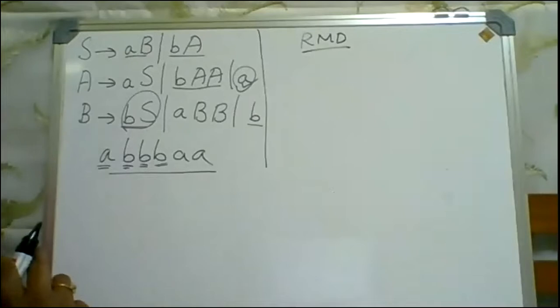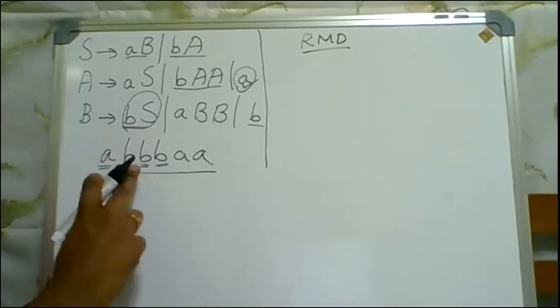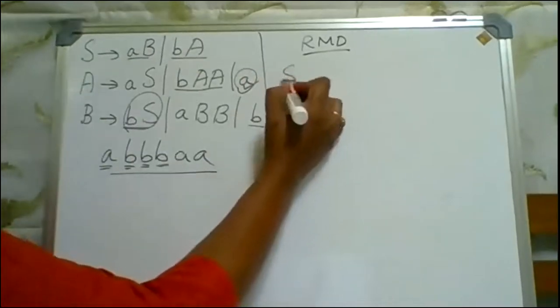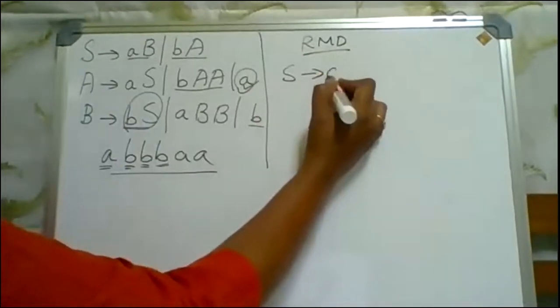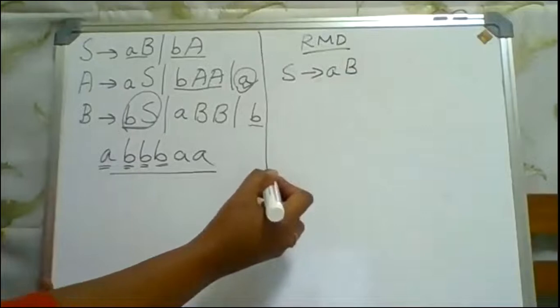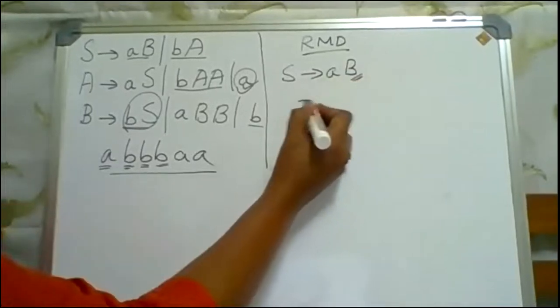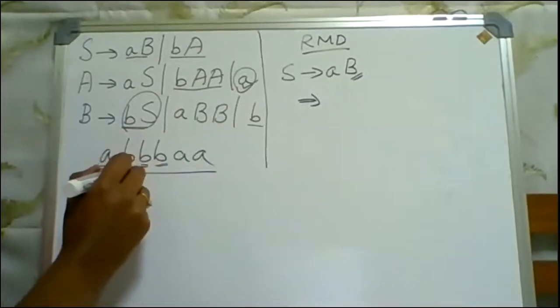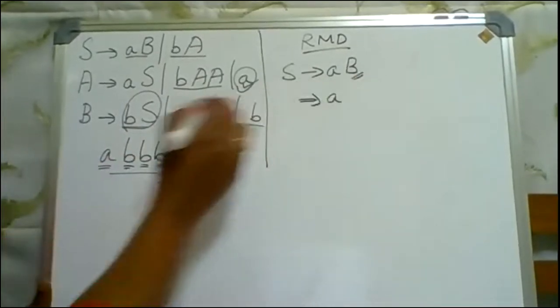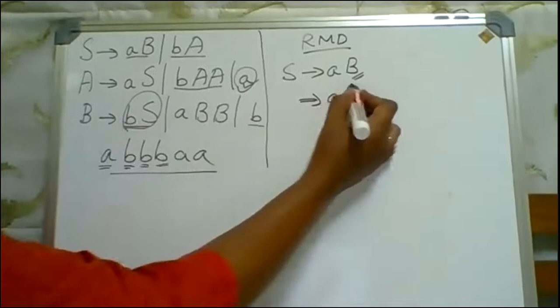So using RMD, we will obtain the same string. Here, let us start with the same start symbol S, and with the production S derives AB. Now B should be replaced with any of the productions. As I told, the second symbol is B, so we can replace B with BS.